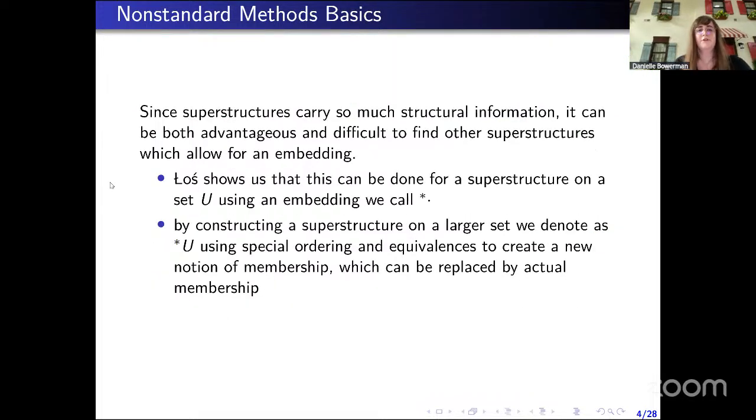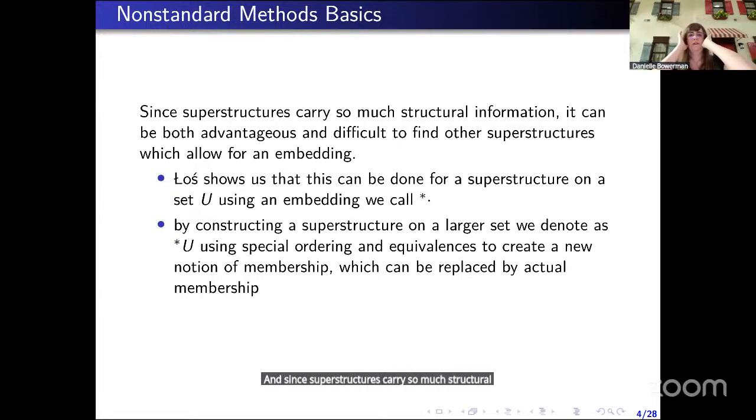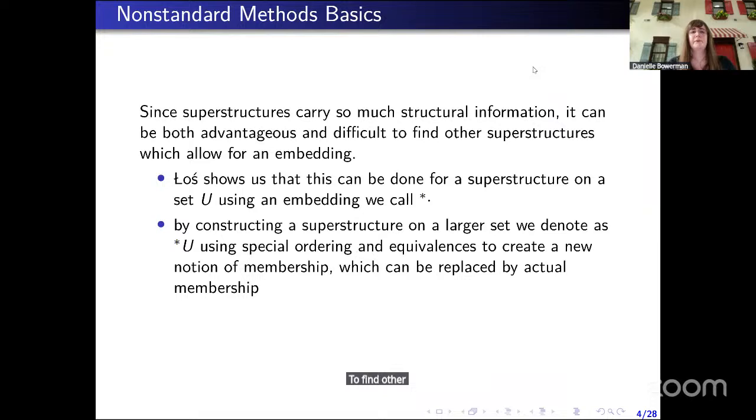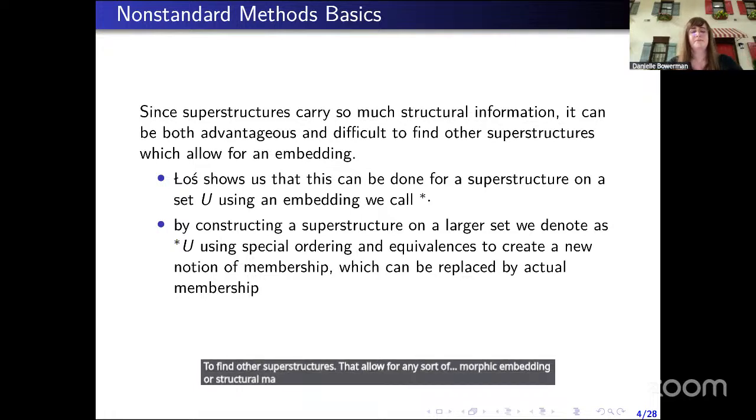And since superstructures carry so much structural information, it can be very advantageous, but also very difficult to find other superstructures that allow for any sort of morphic embedding or structural mappings.